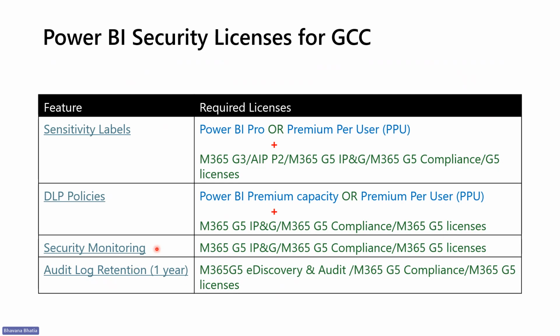For security monitoring using Defender for Cloud Apps, the session policies, access policies, and activity policies that I talked about, your end users will need one of the G5 licenses that are listed over here. If you want to retain the Power BI audit logs for a year, then you will need one of the G5 SKUs that are mentioned in this particular slide.